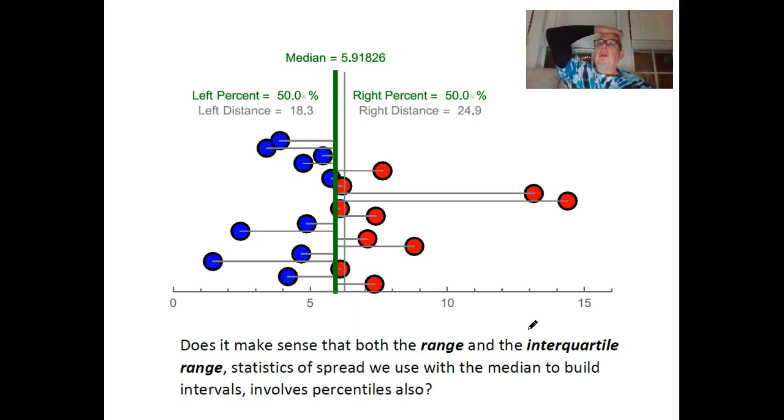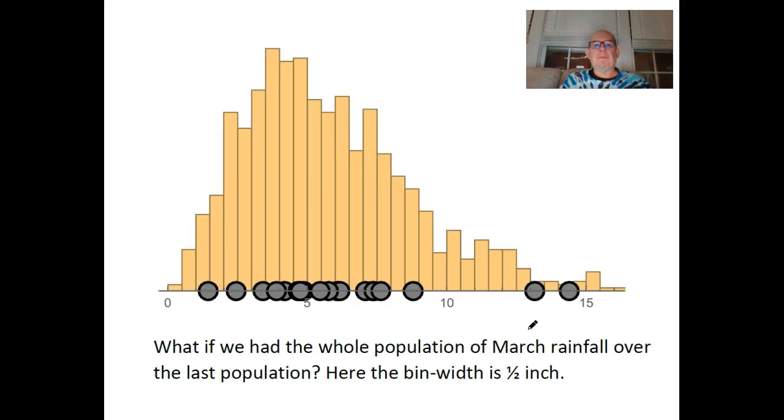Now, if we were talking about forming intervals using the median, which we're much more capable of doing now that we have computing power, we are going to use this idea of counts and proportions to describe intervals and describe spread, because that's the most natural, since the median is about counts and proportions.